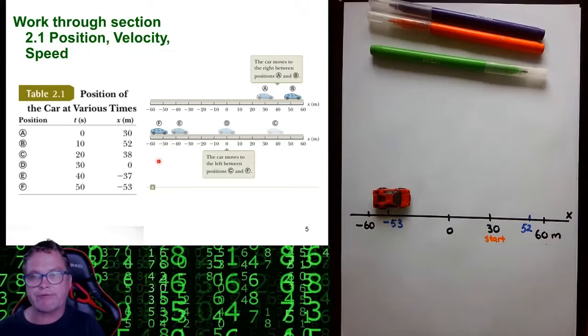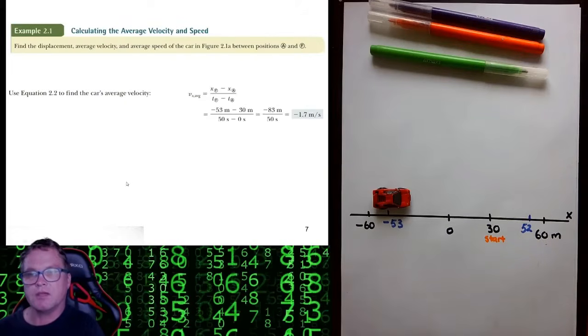At position F, it found itself at minus 53 after 50 seconds. So the first thing we would like to know is the car's displacement. The displacement is given by the final position minus the initial position. And along with displacement, when we are asked to calculate the velocity, that's given by the displacement divided by the time elapsed. We just saw that in the definition.